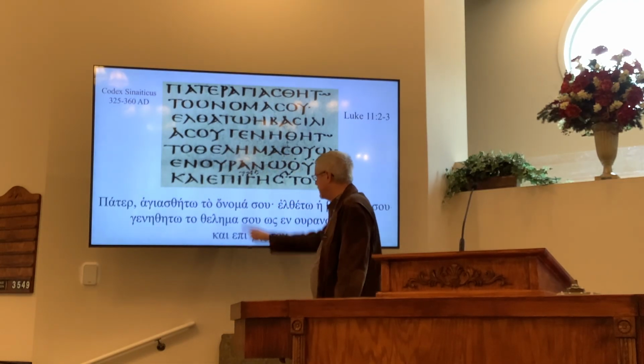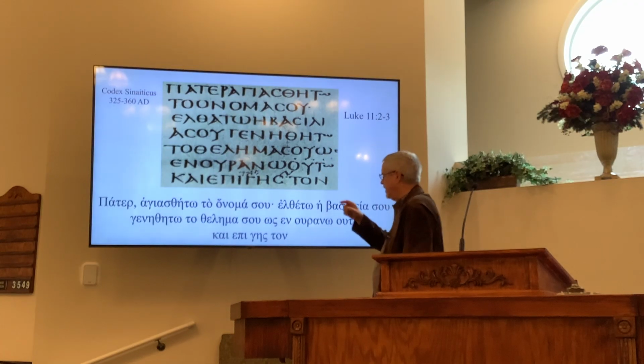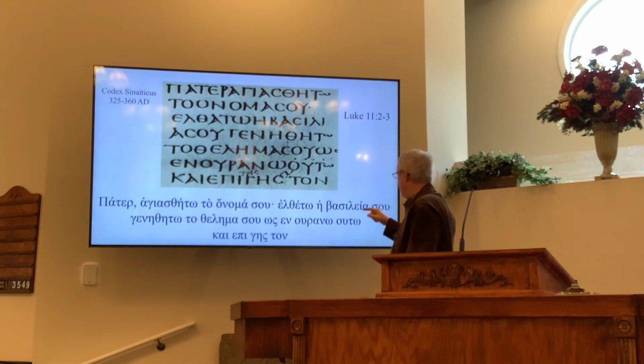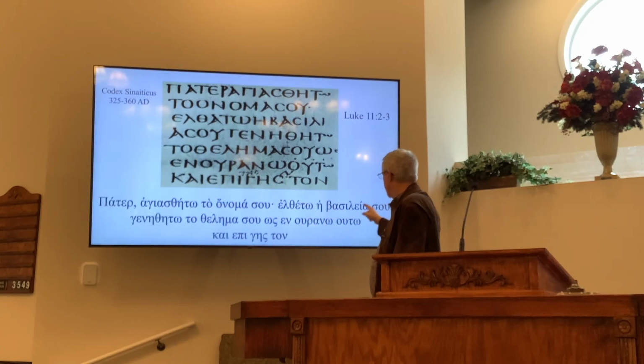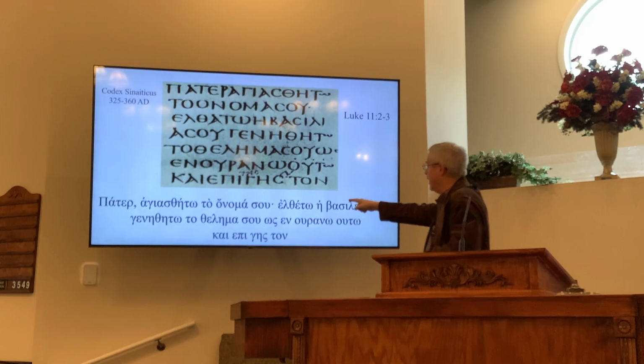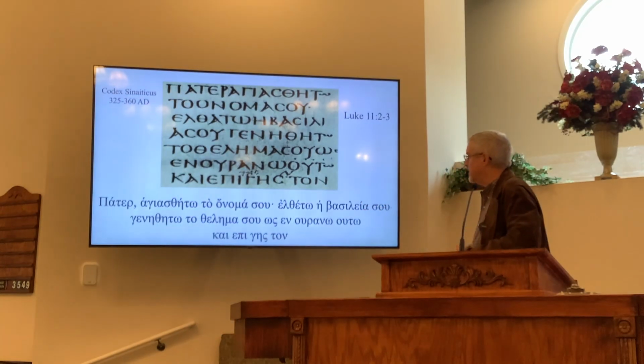And then you have your kingdom is to come. All right, it's coming in the future. Well, it's in the process of arriving anyway. And so, yeah, this is now.